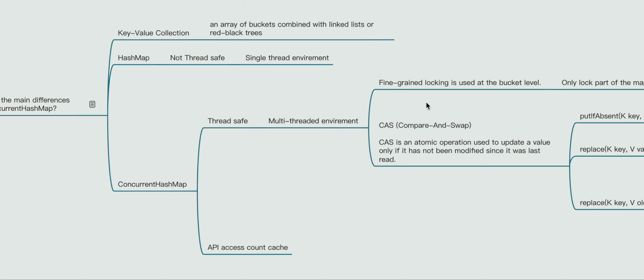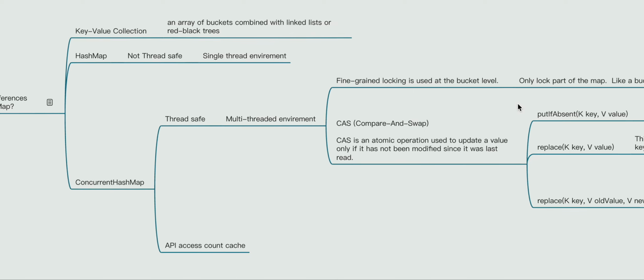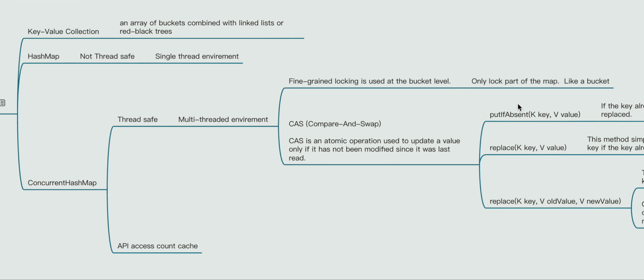First is fine-grained locking, which is used at the bucket level, which means part of the map, not the whole map. So it won't lock the whole map and block other threads from accessing other buckets. It's very important in a multi-threaded environment.